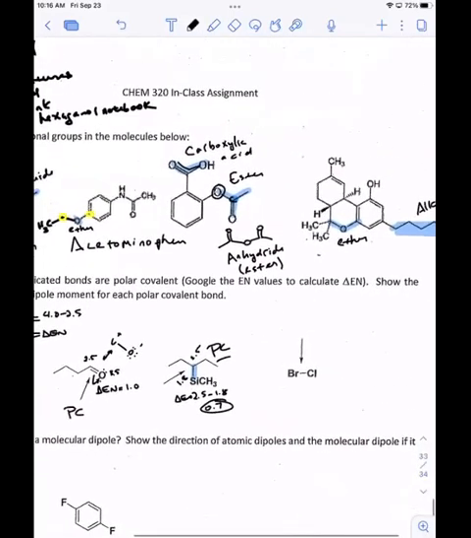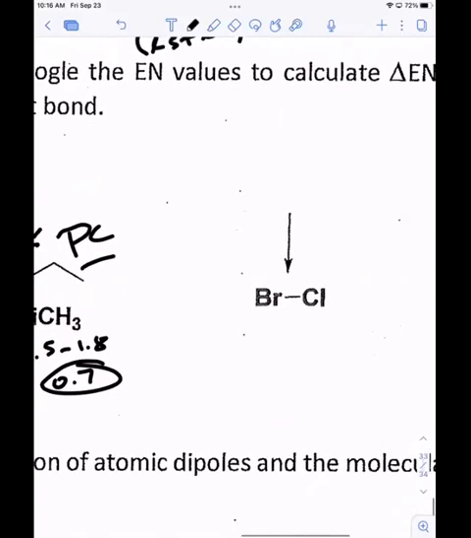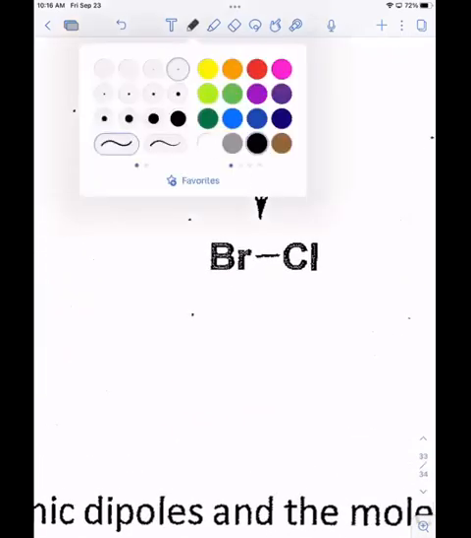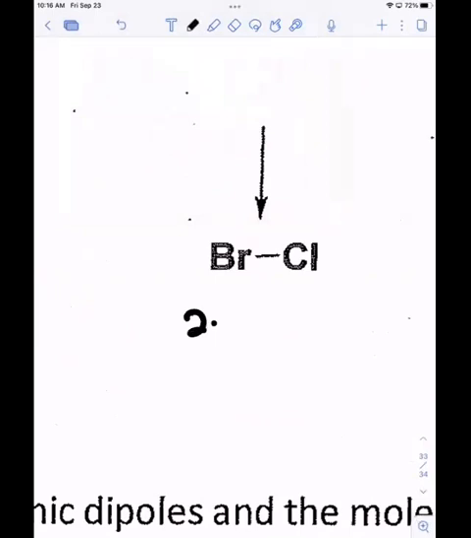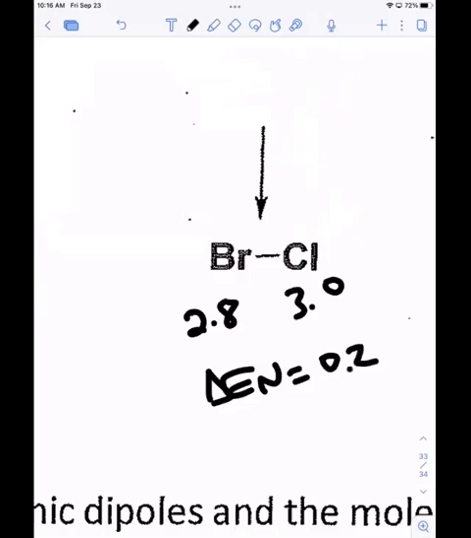All right, last one. What about this one? What's the electronegativity of chlorine and bromine? I think bromine is 2.8. Is that right? Yes, and chlorine is 3.0. So this would be 0.2.